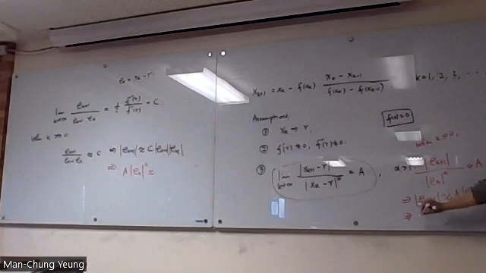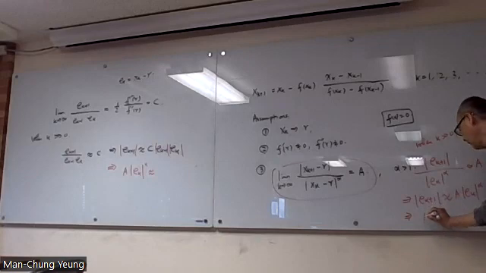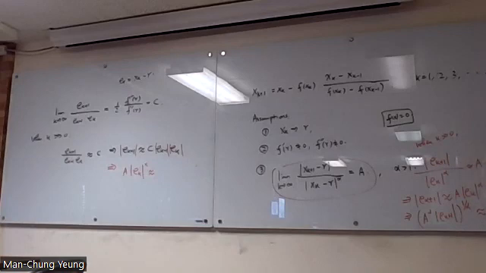Move A to the left side, so A inverse times Ek plus 1. Then apply the power 1 over alpha, and we get roughly Ek. Move A to the left side, then take the power 1 over alpha.